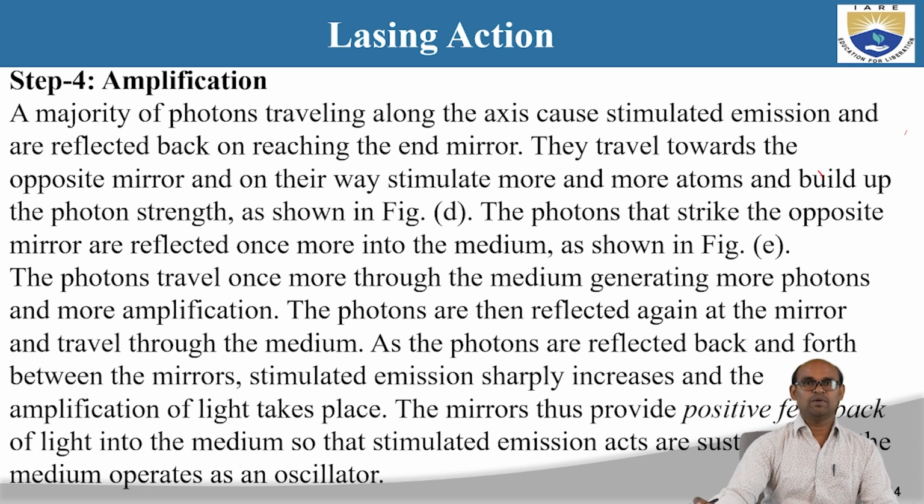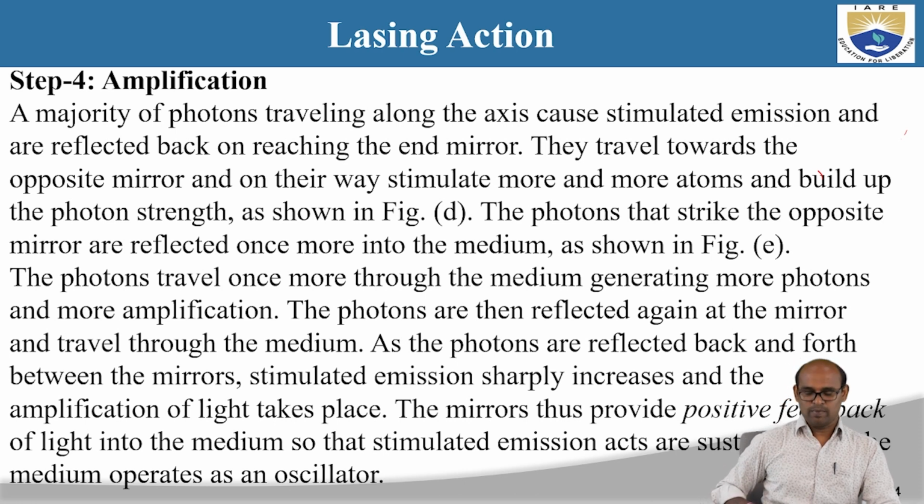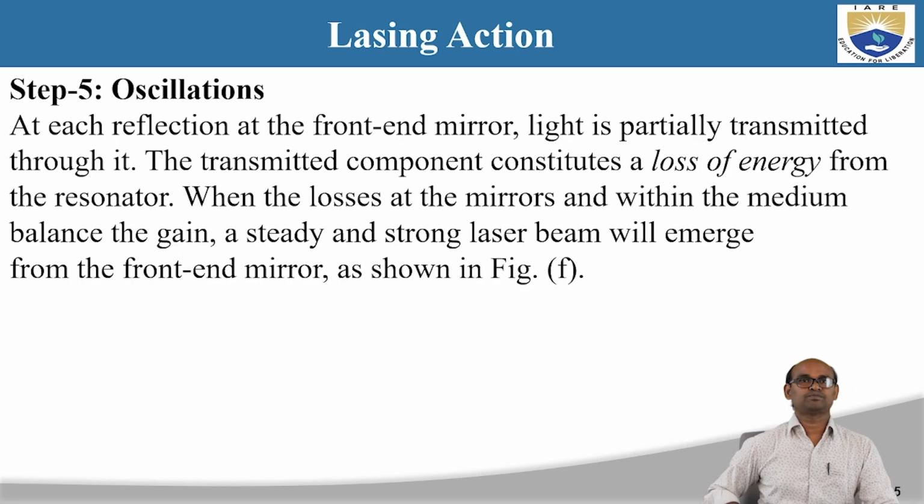That is what is called amplification of light. And because of the presence of these mirrors, we get this amplification, and hence the optical resonator or optical cavity provides us the positive feedback of the photons into the medium, so that stimulated emission acts are sustained and the medium operates as an oscillator.